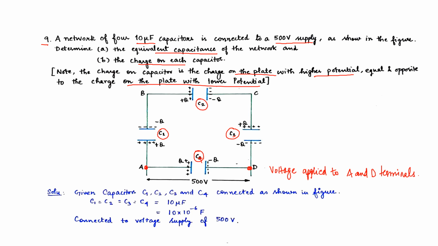These are parallel plate capacitors because two plates are kept in the opposite direction. One is this, one is this one. So this one has higher potential, and this one has a lower potential.